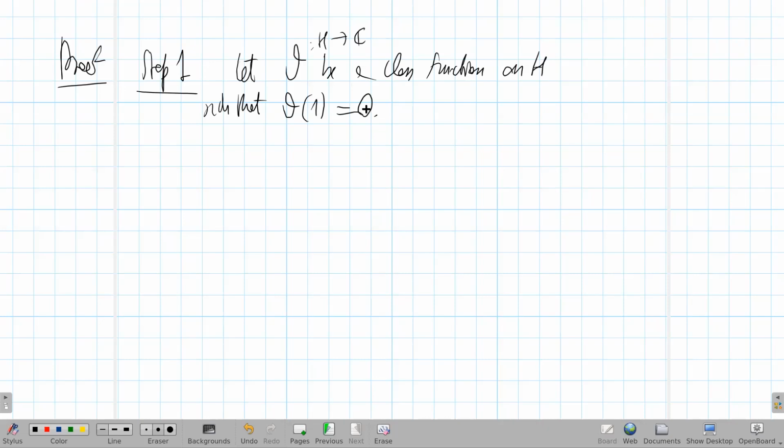But in step 3, we will be taking for theta a difference of characters, and then they may well have theta of 1 equal to 0.